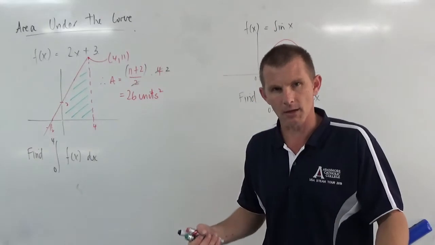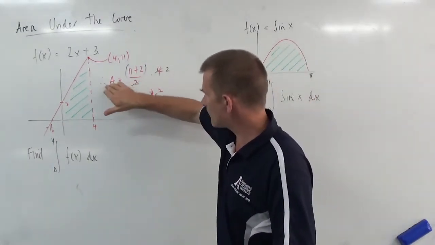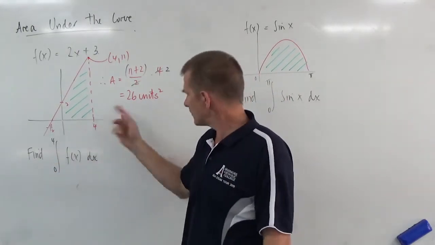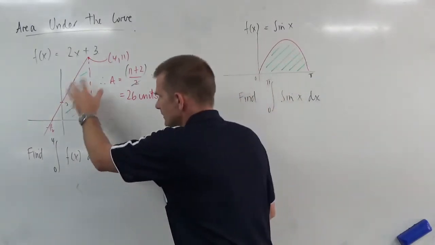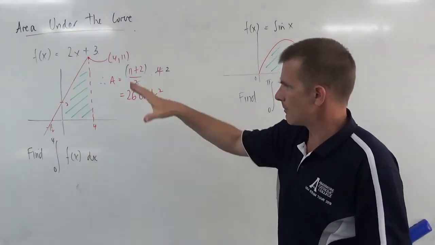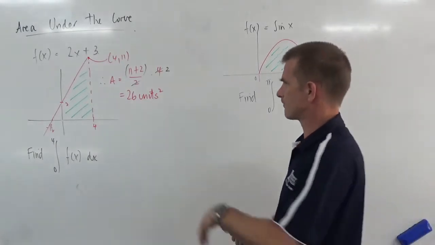Numerically, they're the same thing, but there's a bit of extra meaning to it. So, area, units, integral, no units. Numerically, they're the same. And they're referring to the same space. Okay? When we get on to other questions where maybe it's not as simple as this, you'll see how they can then vary.